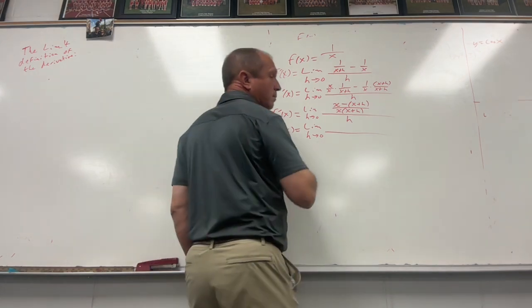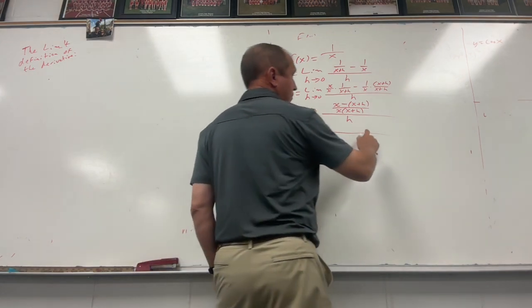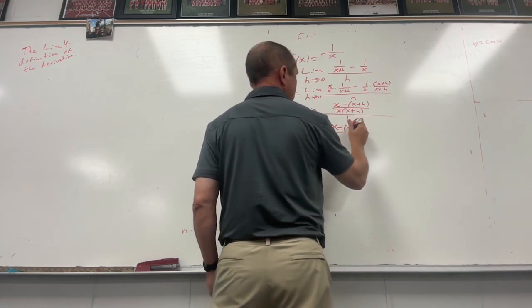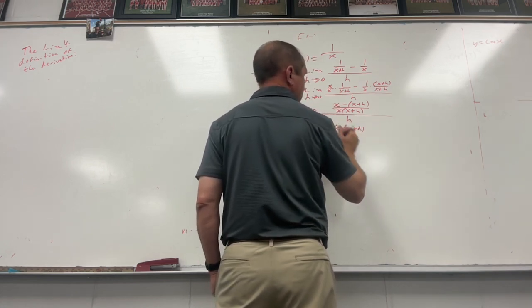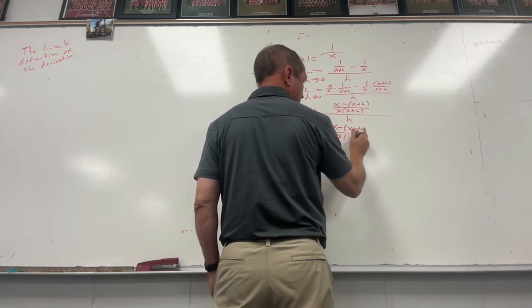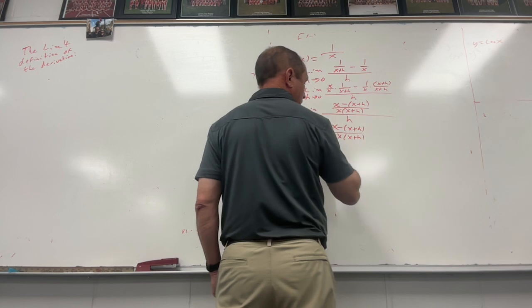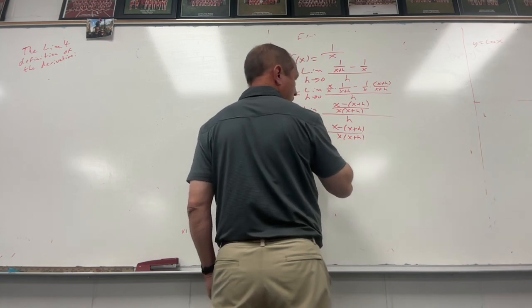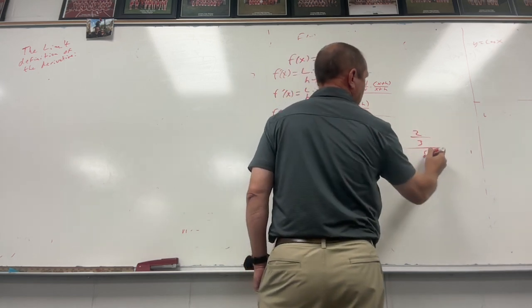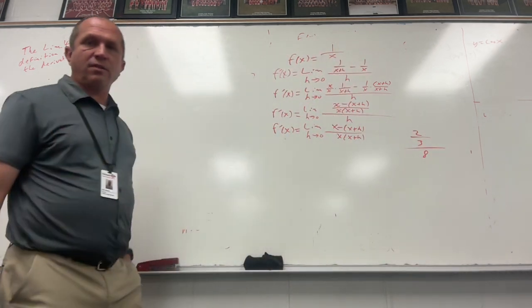All right, so just put h on the top, x minus x plus h, and you just get rid of the x on the top. x minus x plus h over x times x plus h, right? All right, let's go over to the side. What if I say 2/3 divided by 8? What would you do to clean that up?